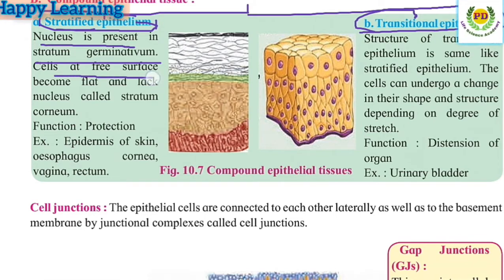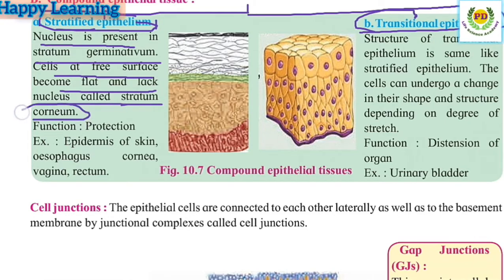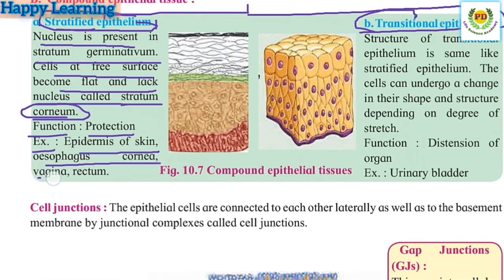Cells at the free surface become flat and lack a nucleus, called the stratum corneum. The function is protection, for example the epidermis of skin, esophagus, cornea, vagina and rectum. These tissues are present in these organs.